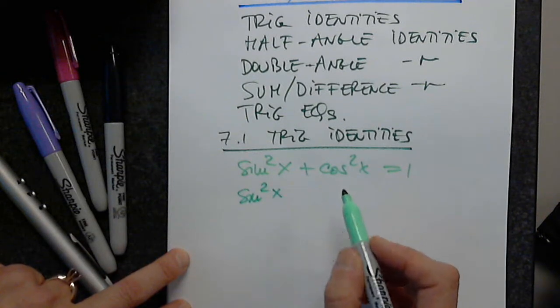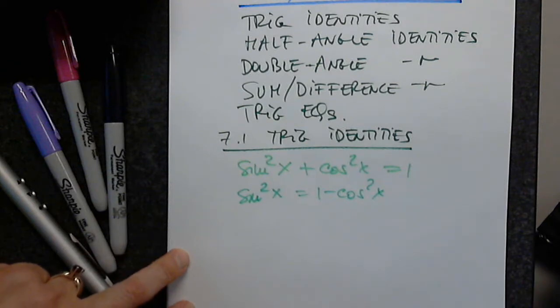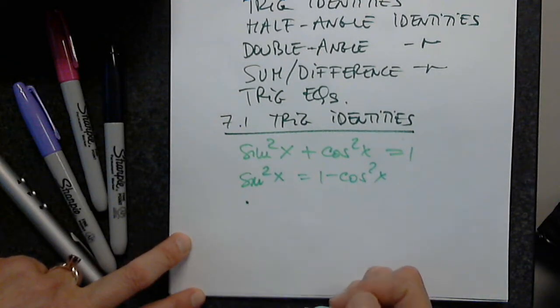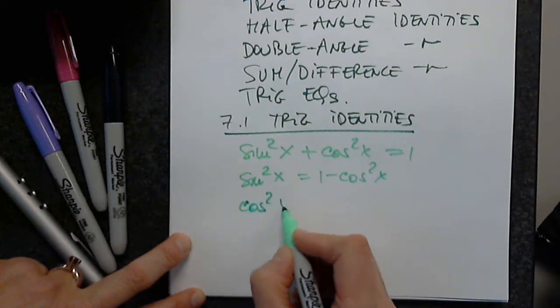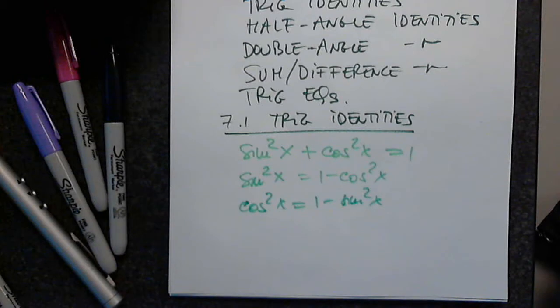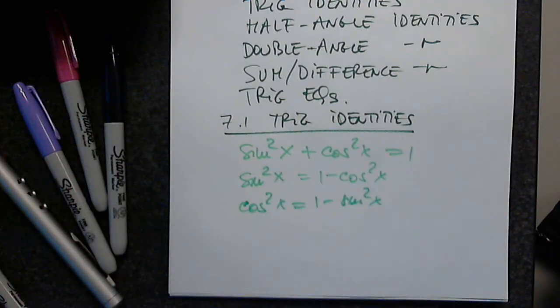Yes, sine squared x equals 1 minus cosine squared x. That's good too, but I was referring to the other two. So you can also say cosine squared equals 1 minus sine squared. That's true too. But I want the other two that come from this one. And you can say these two come from that one too. I would agree. Yes, they do.